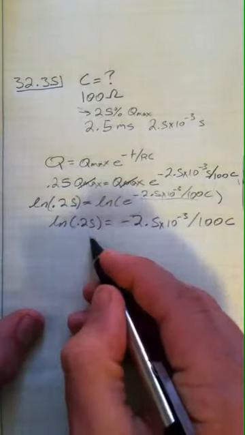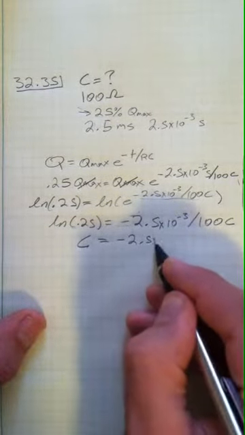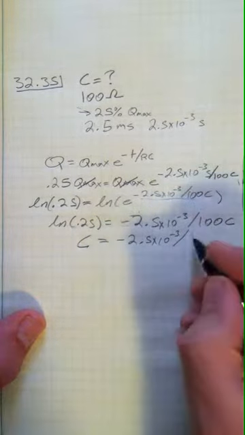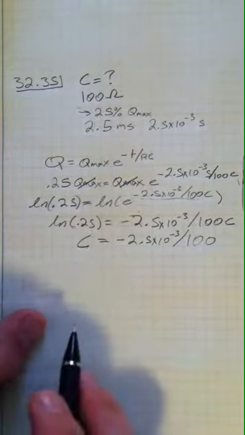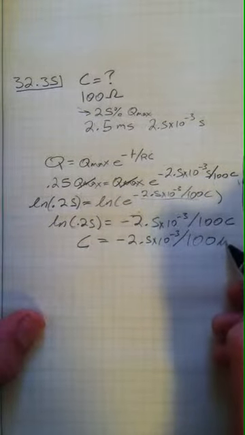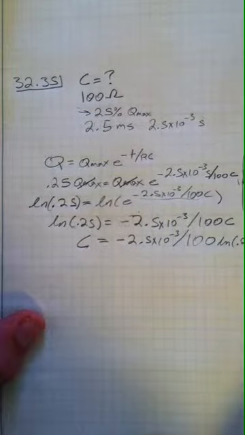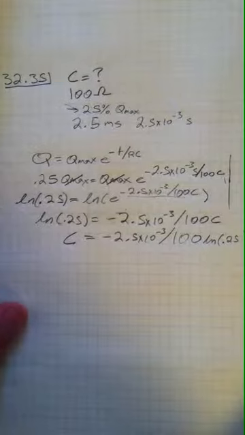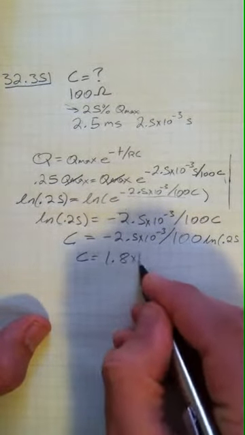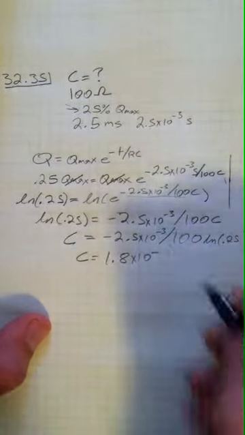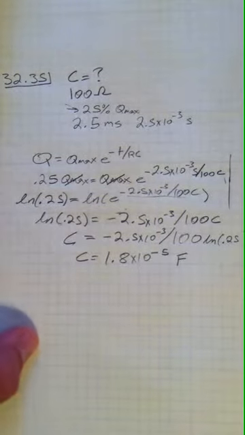That gives us C on the left side equals negative 2.5 times 10 to the negative third over 100 times the natural log of 0.25. Plugging that into our calculator, we get that C equals 1.8 times 10 to the negative fifth farads.